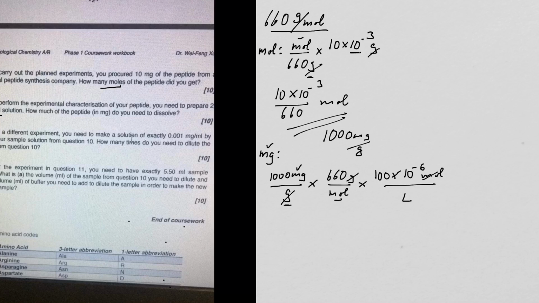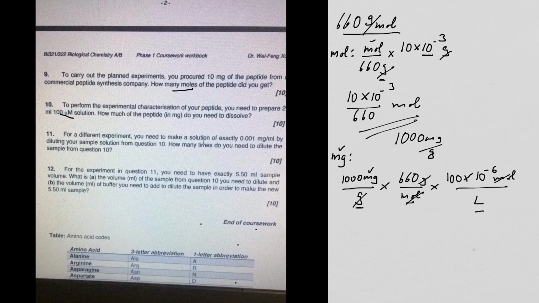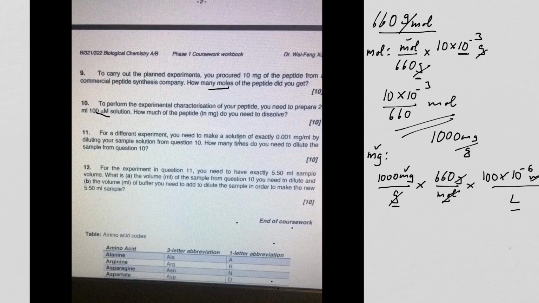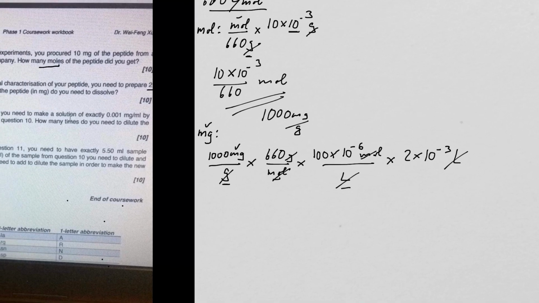So the mole cancels out, and now we need to get rid of the liter here. And it says here we need to prepare 2 milliliter. So we just multiply that times 2 times 10 to the minus 3 liter. Now the liter cancel out as well. So all we have left is now the unit milligram. And that was the unit that we want. And we can beautify that a little bit.